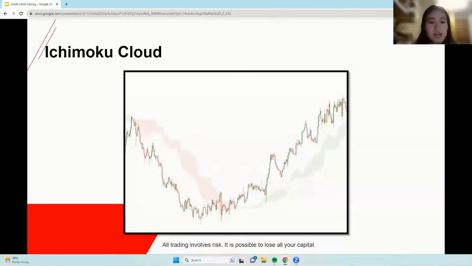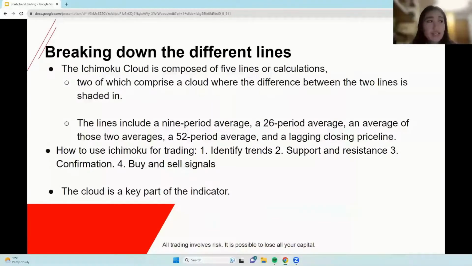But for this webinar, I'll just be breaking down the different lines and giving you a summary of how exactly you can use it. Okay, so the Ichimoku Kinko Hyo is a technical analysis tool that's used in Forex trading. So it consists of several components, including the Tenkan-sen, the Kijun-sen, Senkou span A and B, and the Chikou span. Okay, I hope I'm pronouncing those right.